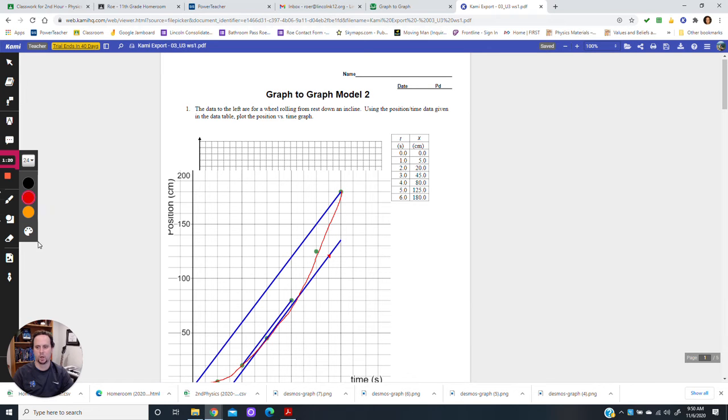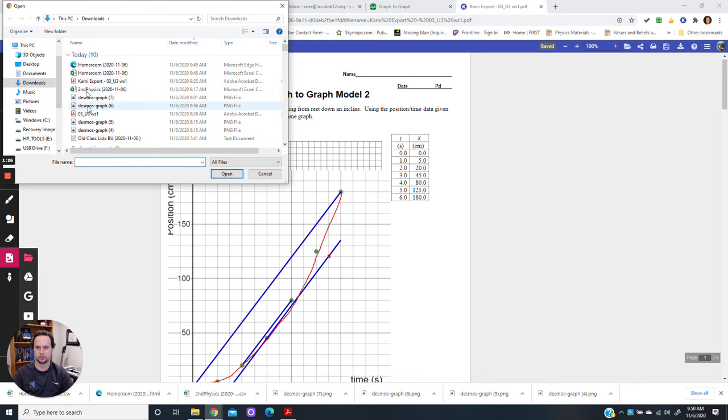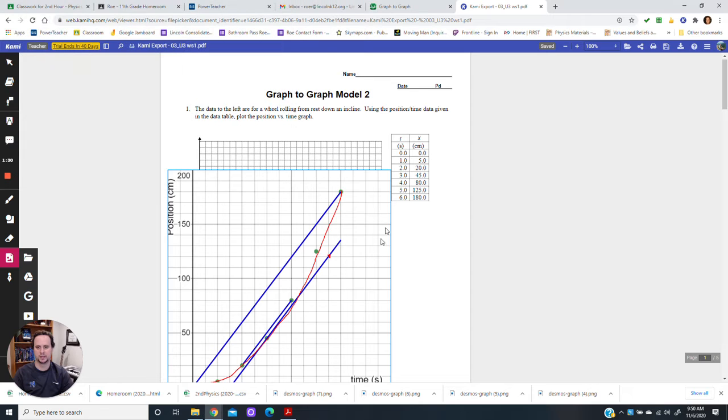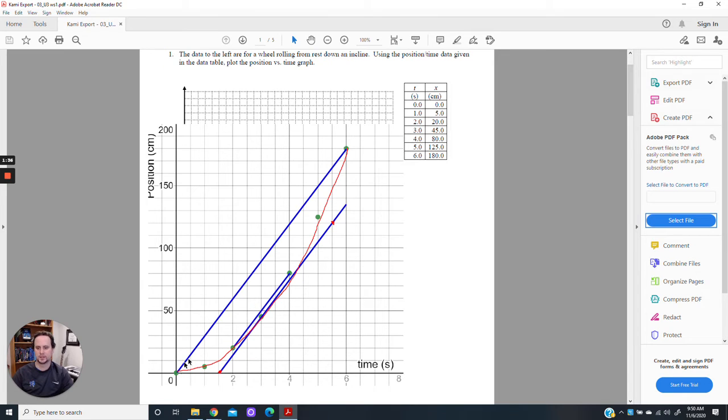Here we go. When you are here, there's an add media button, and you can add media. Go to my computer or whatever your image is, and you can put it in. Click on it there, add your picture and blow it up like this. And then I annotated over top of it. So I drew these blue lines in for the first couple of problems.